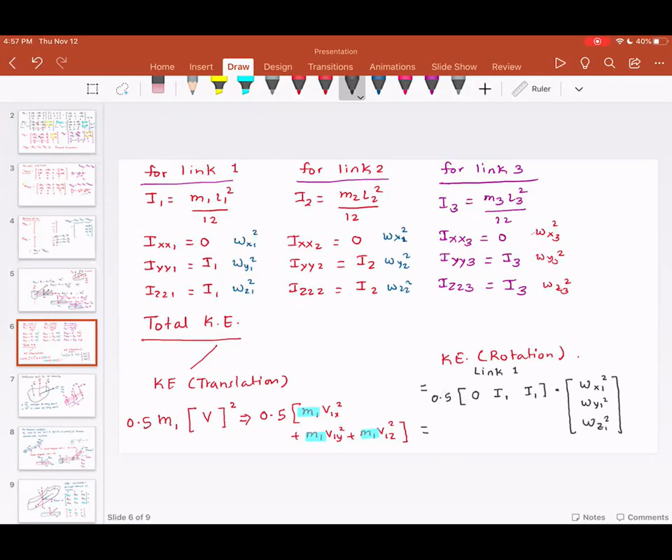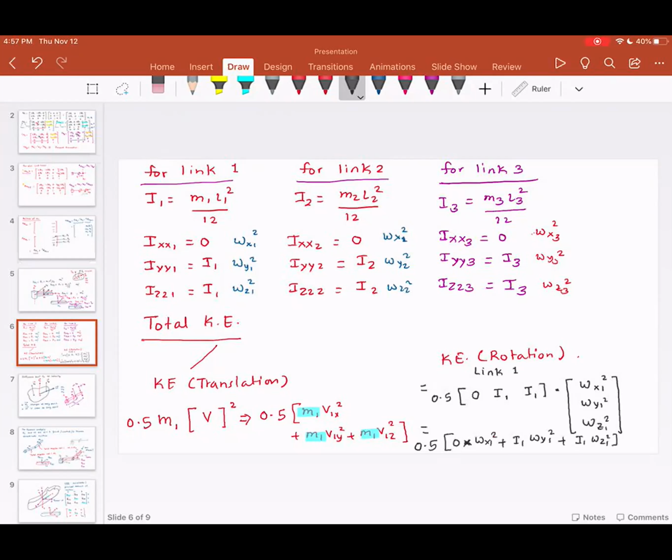Please understand, this is the dot product between two vectors. When I expand this, I get 0.5 times 0 multiplied by omega x1 square plus I1 multiplied by omega y1 square plus I1 multiplied by omega z1 square.